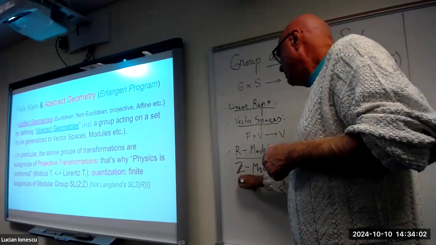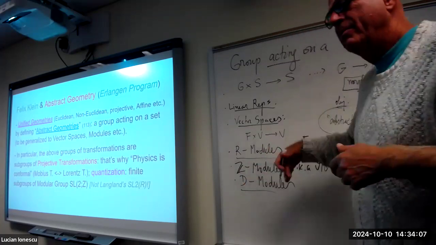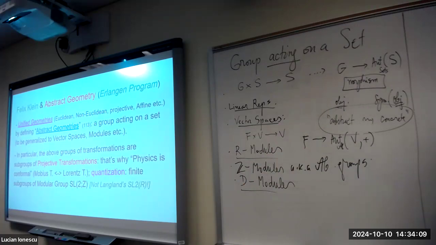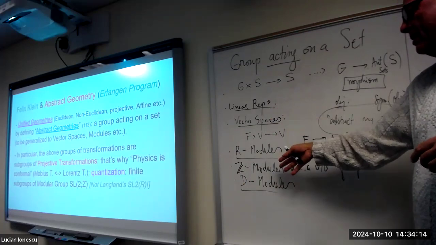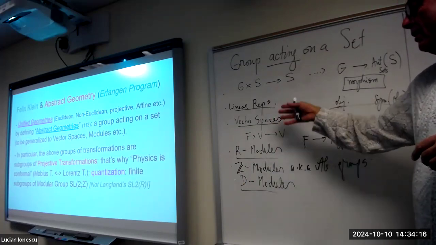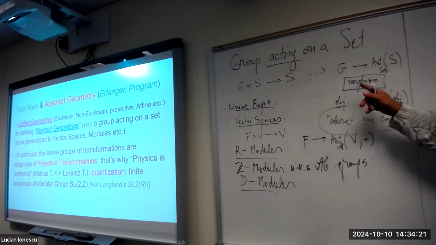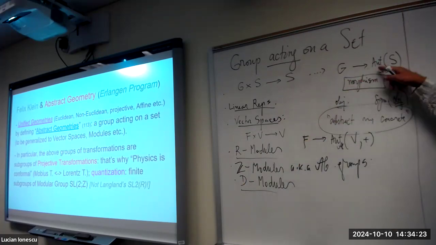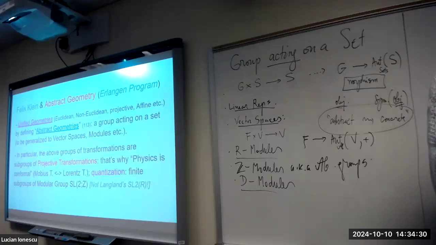Those are called D-modules. These are more complicated structures, but then you see how we unify somehow these structures. They are all of the same kind: a morphism from an object to the automorphisms of another object from a different category. But that's maybe too much for this talk.